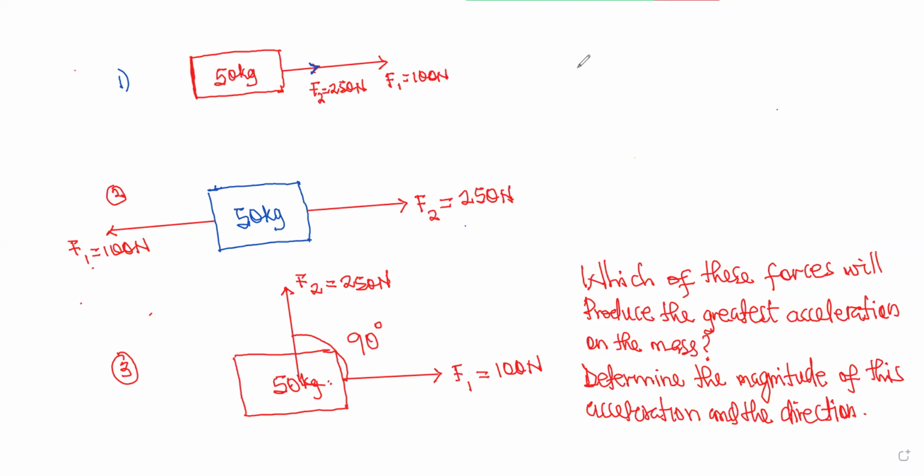Sir, because its resultant force was high as compared to the others. Exactly. Acceleration is directly proportional to the applied force or the resultant force. So when you calculated, if you had the largest resultant force, then automatically it must be the one with the largest acceleration.